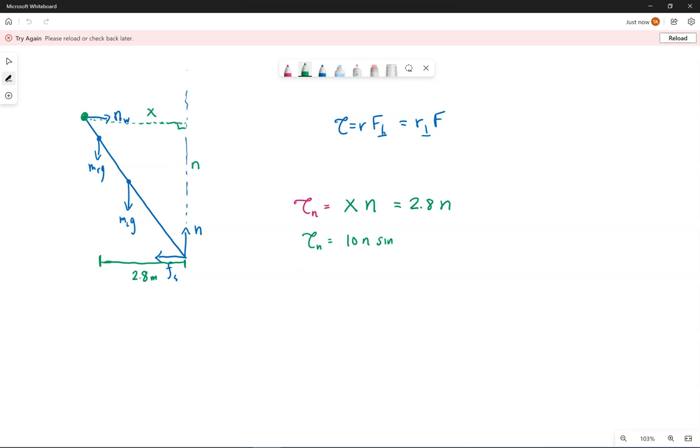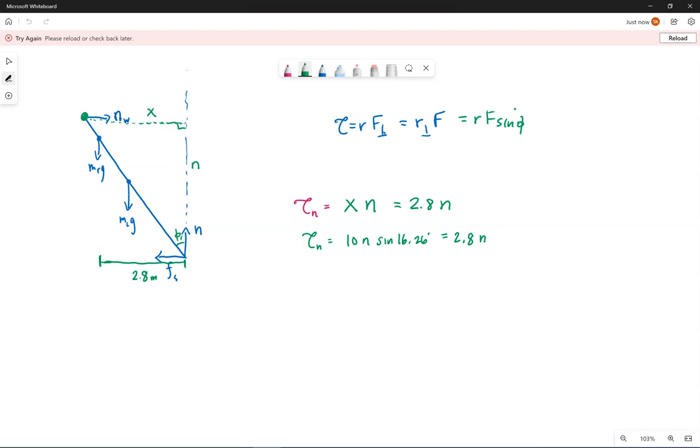And our angle, phi 1, was 16.26 degrees. 10 times the sine of 16.26 is, if I kept all my digits, 2.8 times N. So whenever we're taking the sine, when we write out torque is R F sine phi, where phi is the angle between R and F, it's just finding the component for us that's perpendicular.